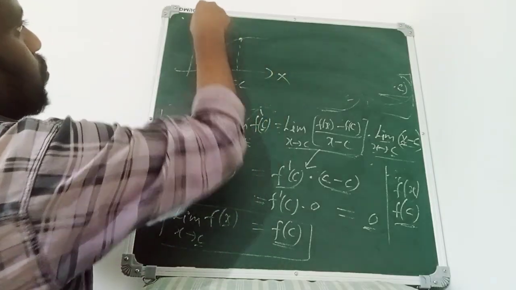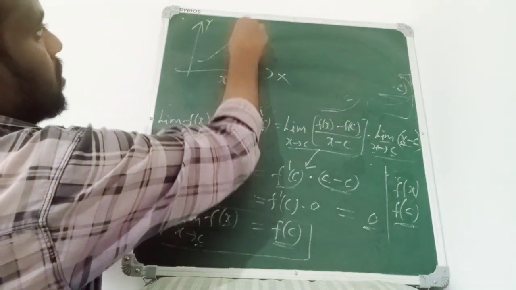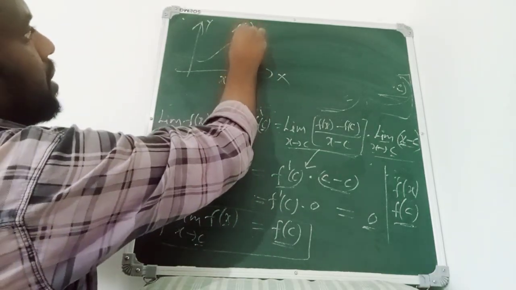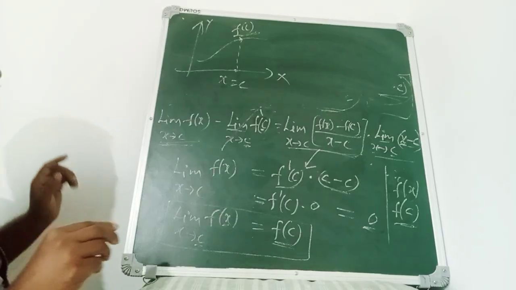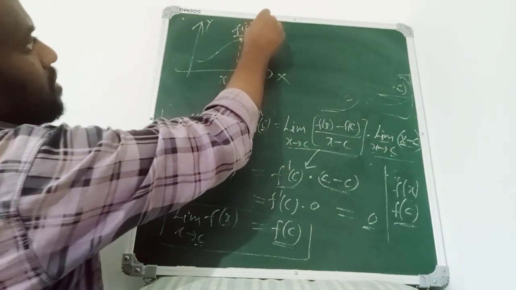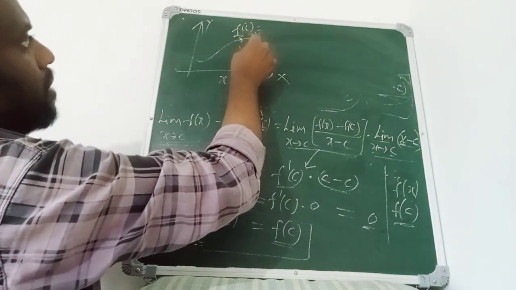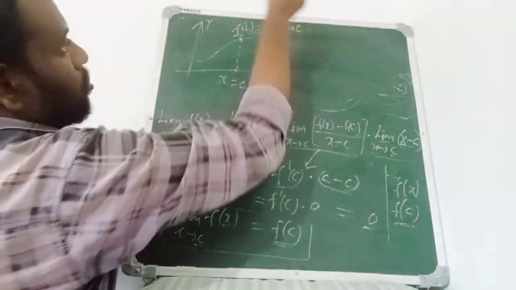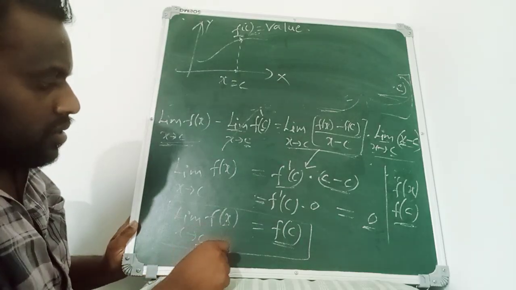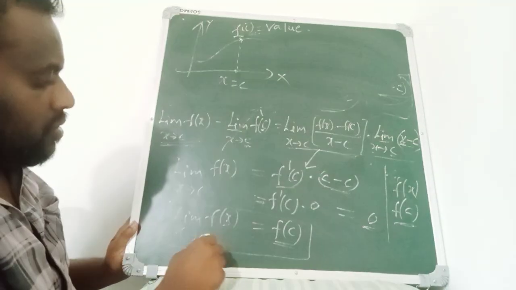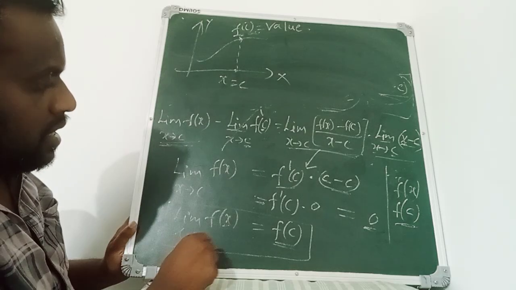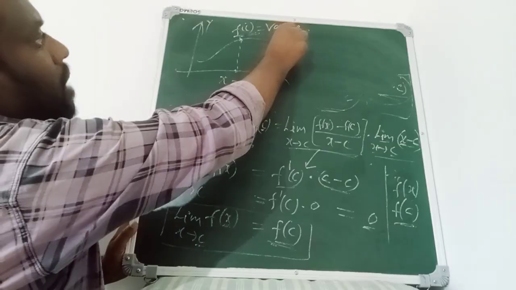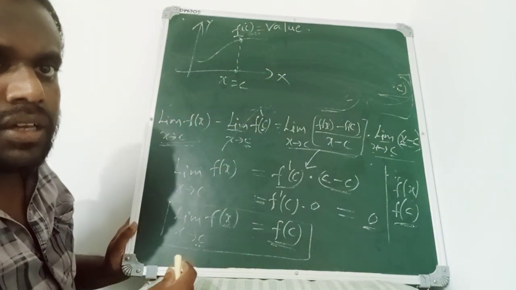This is the x-axis, this is the y-axis. At x equal to c, this is f of c. So this point is c, this point is f of c. F of c means it's a constant value, a y value. See, this equation states that when you substitute c in place of x, we will get f of c. F of c is a value.